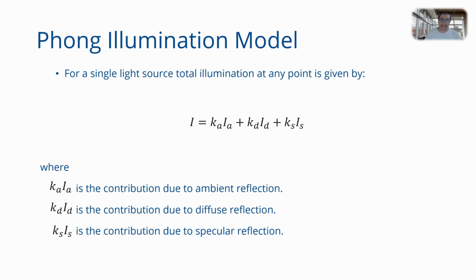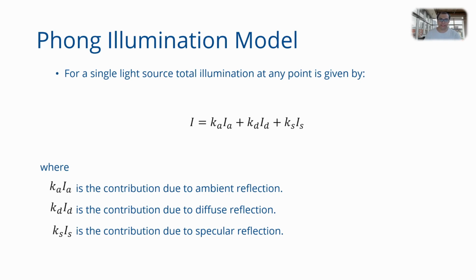Here Ia is the ambient component, and we will see what it means. Id is the diffuse component and Is is the specular component. So basically we have divided our illumination transfer model into three parts. Now let us try and figure out what these three parts are.